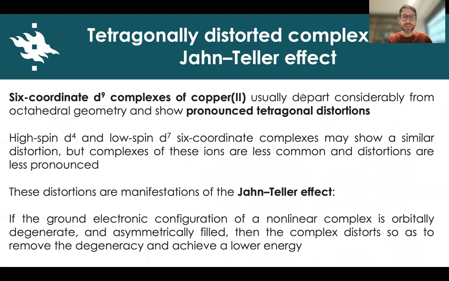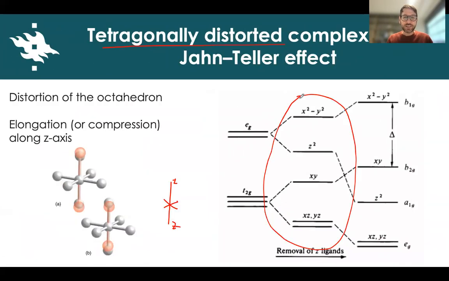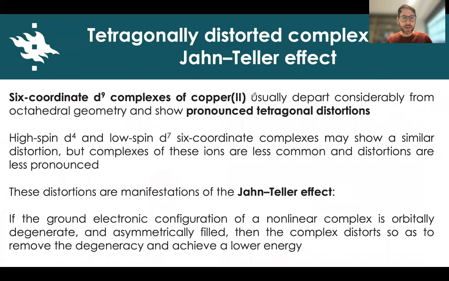And in this case, this means that complexes of d9 configuration can depart from the perfect octahedral geometry, showing some pronounced tetragonal distortion. And this can also occur for high spin d4 and low spin d7 as well, but to a lower extent.